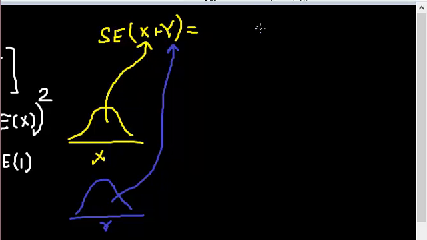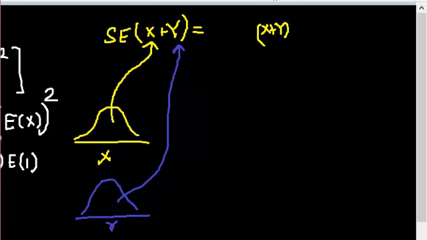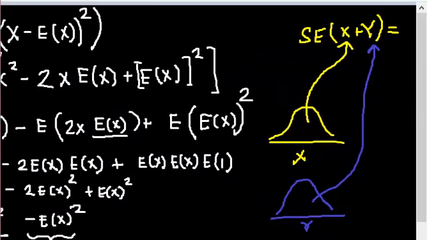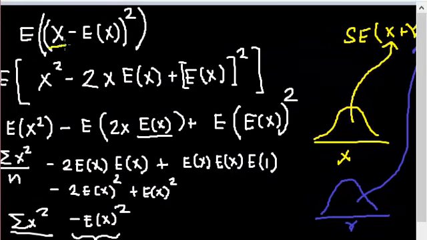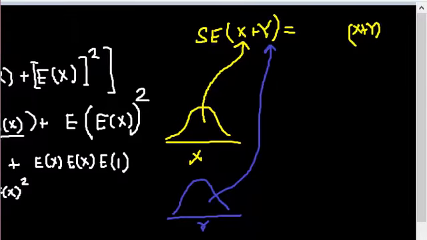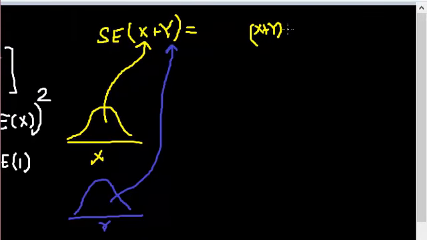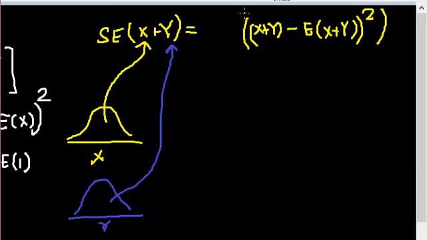How would this look? As we understood, we need to get the statistic. Now the statistic is x plus y. If you go back to our previous case, you can see the statistic in here, but now our statistic is x plus y minus the expected value of x plus y. Again, as I said, it needs to be squared, and for the square of that difference, that is where we take the expectation value.